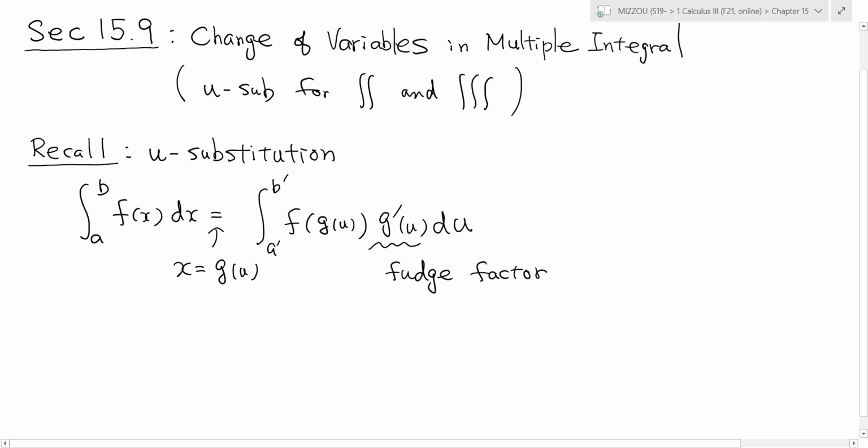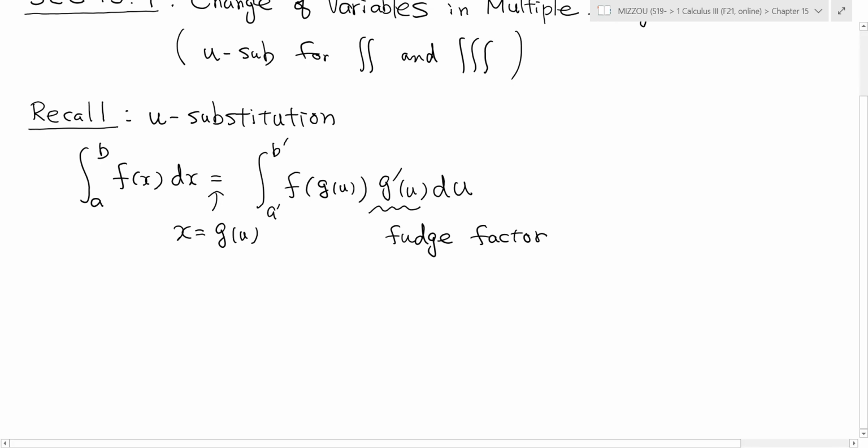In this case, the fudge factor compensates the discrepancy between dx and du. And it just happens that that's the derivative of g in this case. So that's what the u-substitution was. Now, what we're going to do in this section is to generalize this to double integrals and later to triple integrals. But in some sense, we have already seen an example for it.